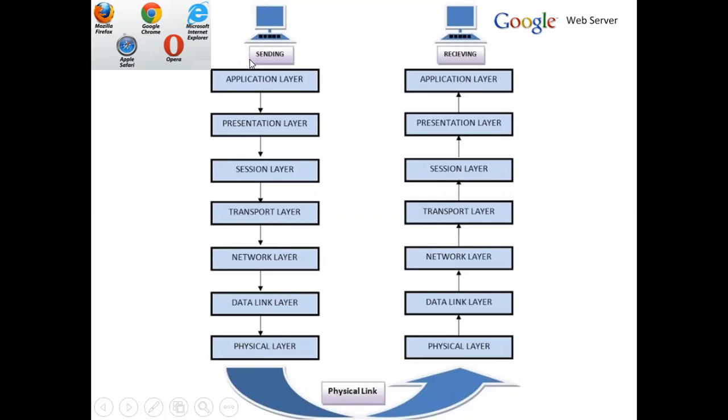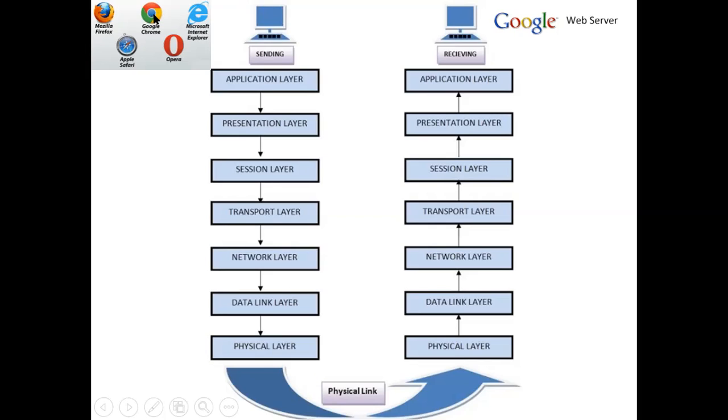Let us say this machine is equipped with different types of browsers like Internet Explorer, Google Chrome, Firefox, Opera, Apple Safari, and so on. So you go to that browser and type http colon double slash google.com.